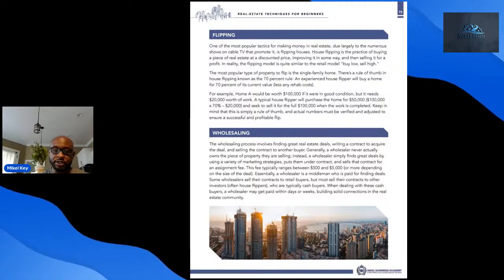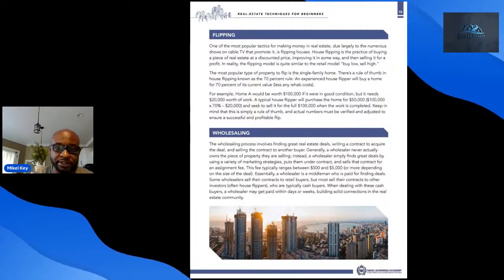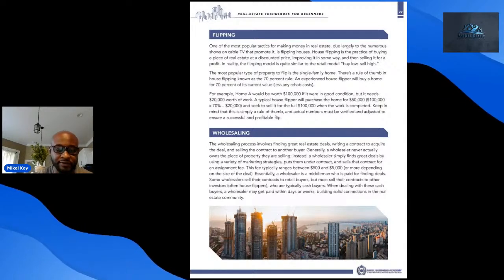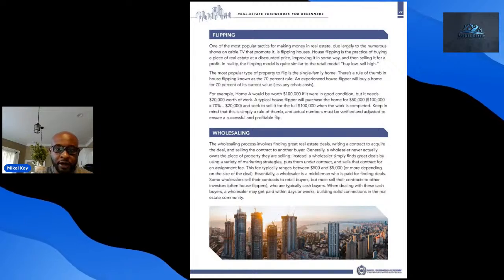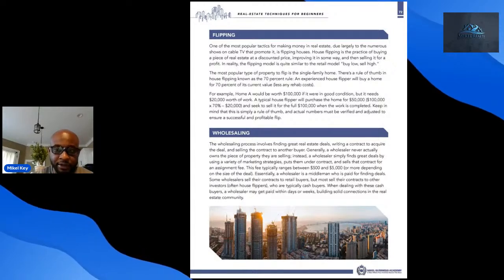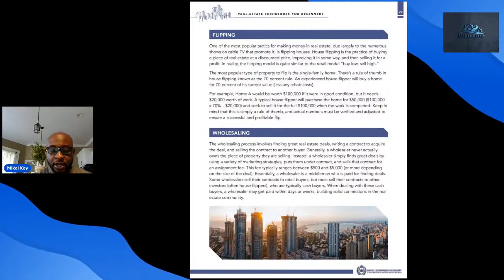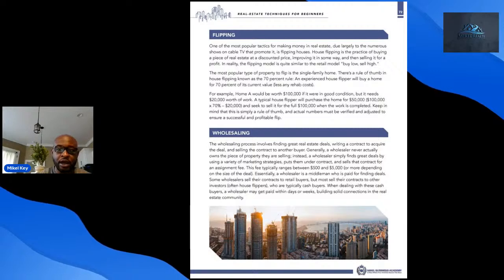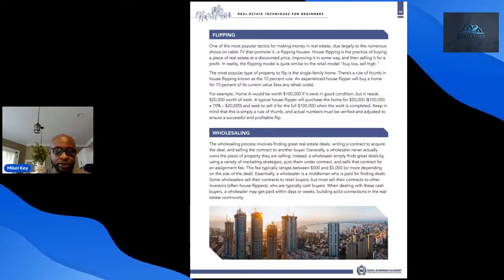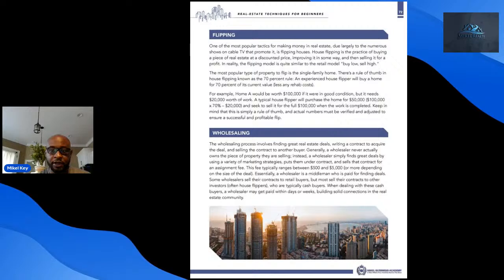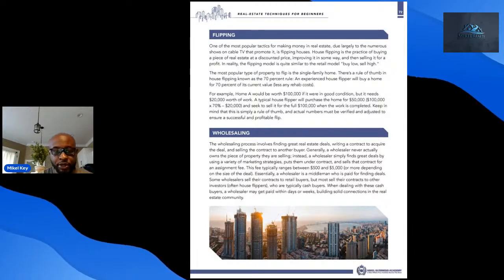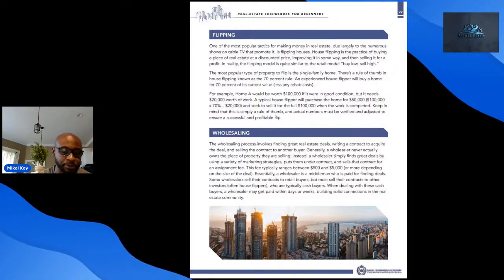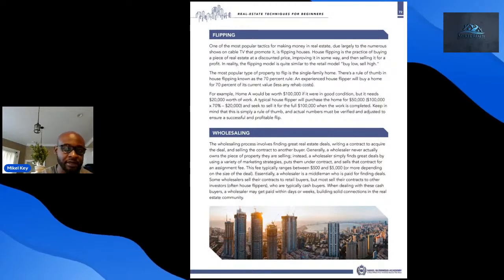Now, the 70% rule says that you don't want to invest more than 70% of the home's after repair value in the renovation cost and the cost to purchase the property. So, for example, if a home's after repair value is $100,000, that means you can invest no more than $70,000, because 70% of $100,000 is $70,000.